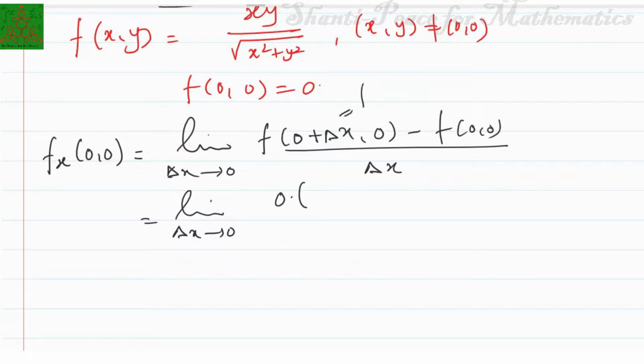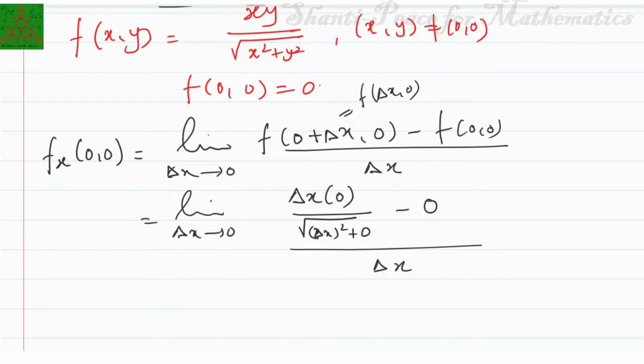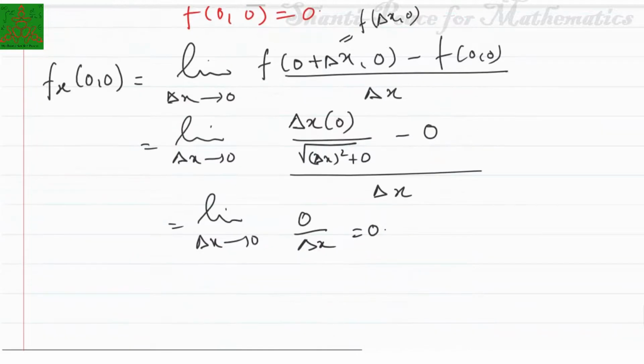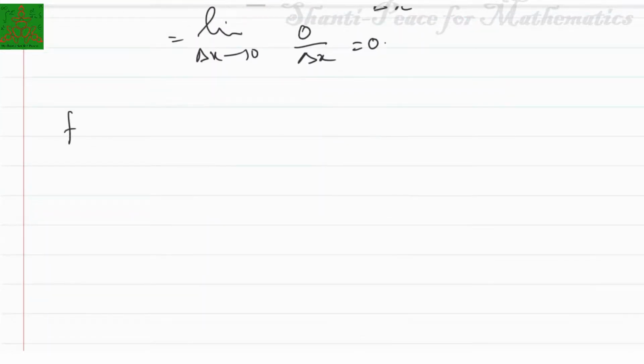This function is f(Δx, 0), which is Δx·0 / √(Δx² + 0) minus f(0,0), which is already given as 0, upon Δx. So 0 upon Δx gives 0. In a similar manner, you may prove that fy at (0,0) is also 0. That I am giving you as an exercise.